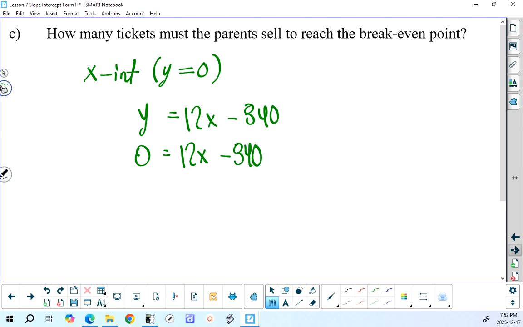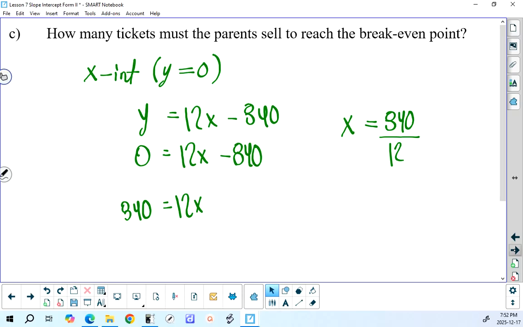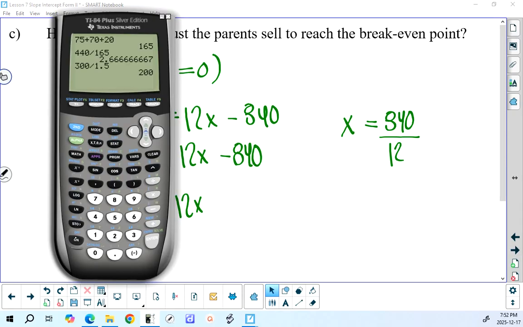I'm not going to write this down, but you would have to add 840 to both sides to get rid of the 840 on the right, and you would get 840 equals 12x. And then you would have to divide both sides by 12, so you would get 840 over 12. So 70 tickets.